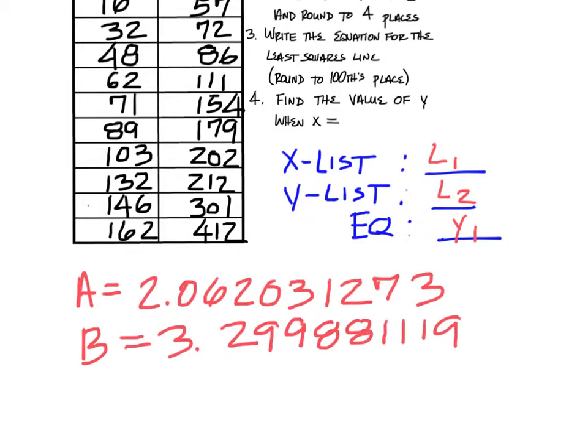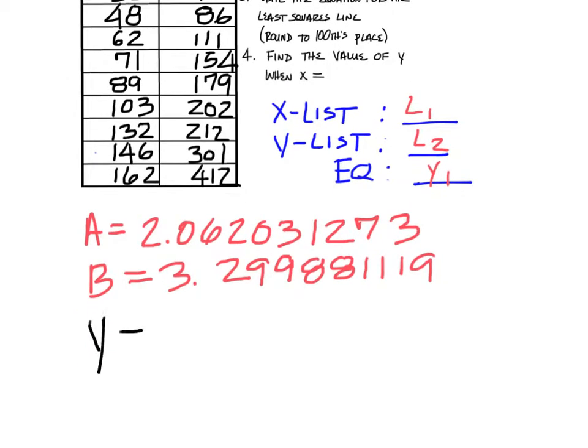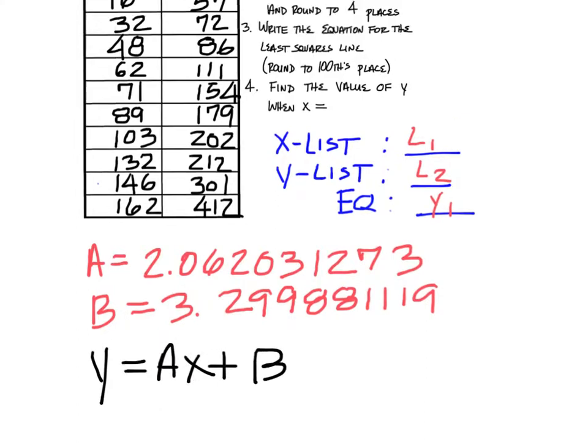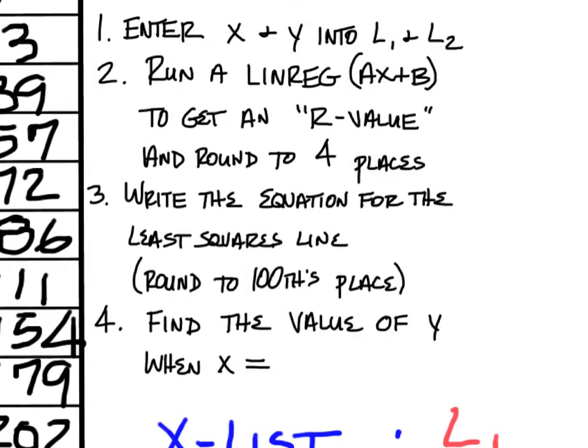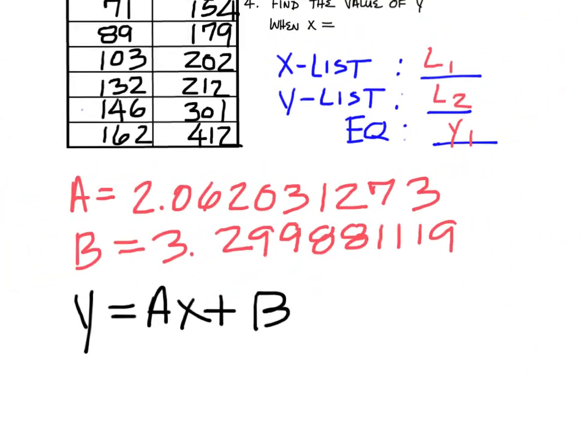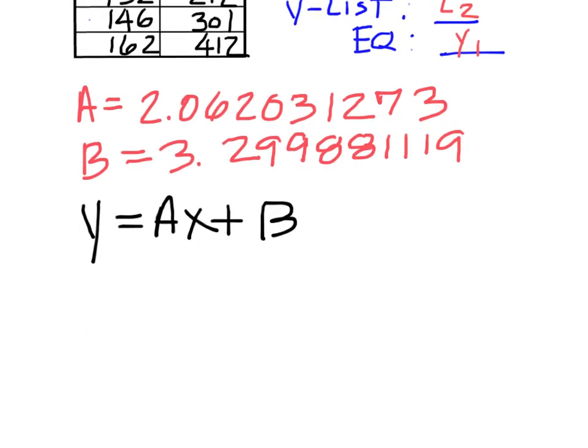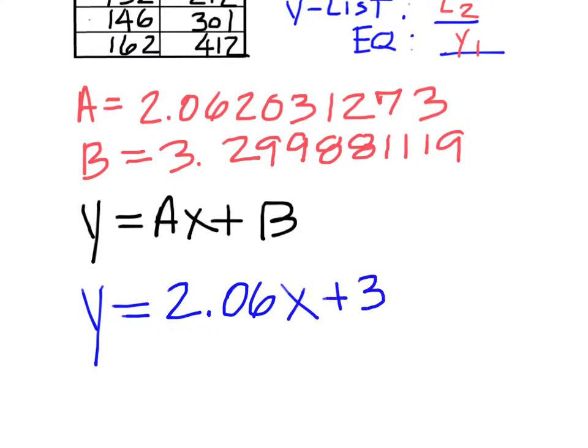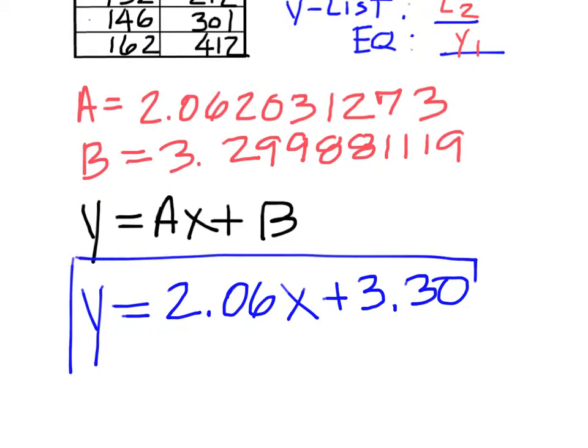To make the equation, which is going to be in y equals ax plus b form, the directions up above said to round to the hundredths place for those items in your equation. So when we write the equation, the a value is 2.06, and then you have an x plus 3.30 because you're rounding them to the second decimal place. This is the equation that you would submit as an answer.